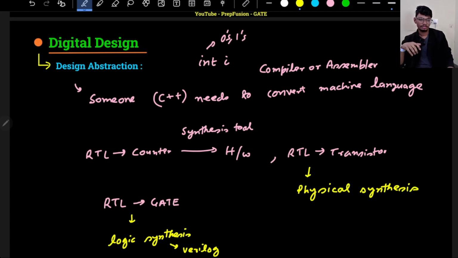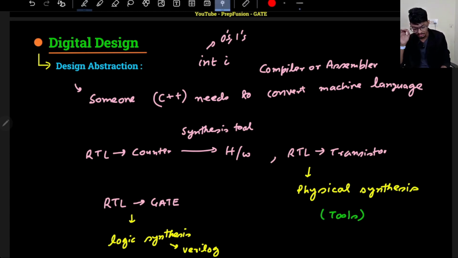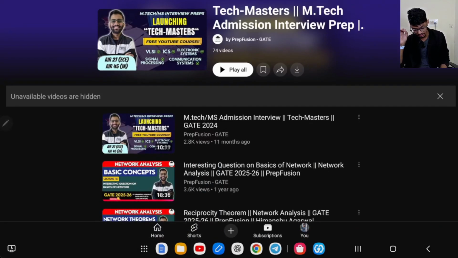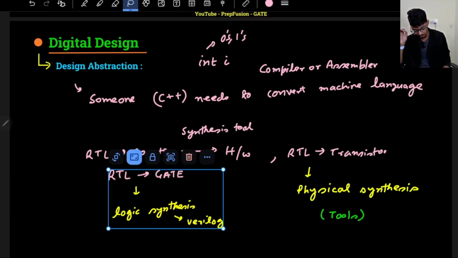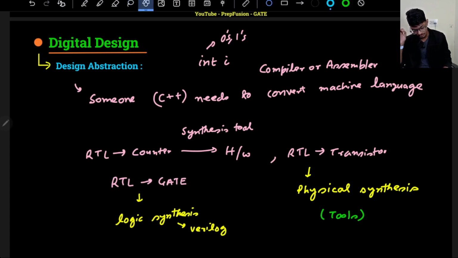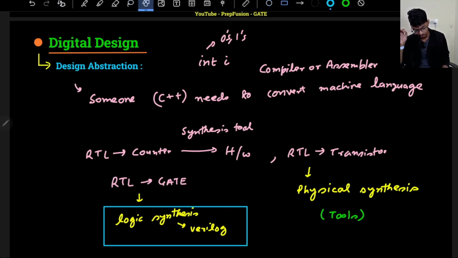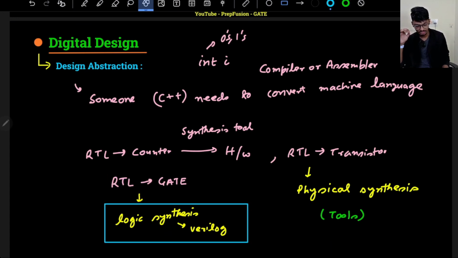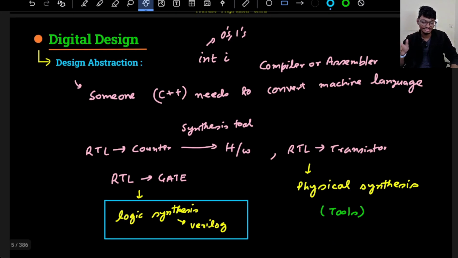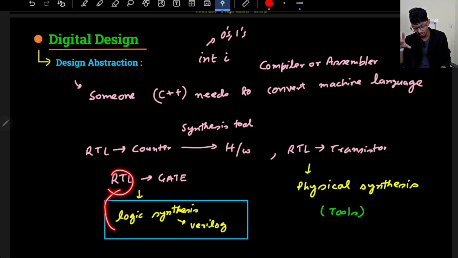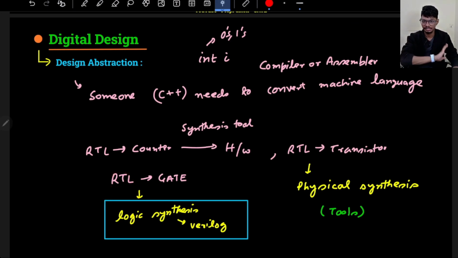We have tools for this, which of course we will not discuss mainly. So in Verilog, this is the most important portion: we do logic synthesis. We convert our RTL code, which has a logic, to our gate level of abstraction. That is what Verilog will do. It is a synthesizing tool. We will write our code in RTL and Verilog will automatically synthesize it into gate level of abstraction.